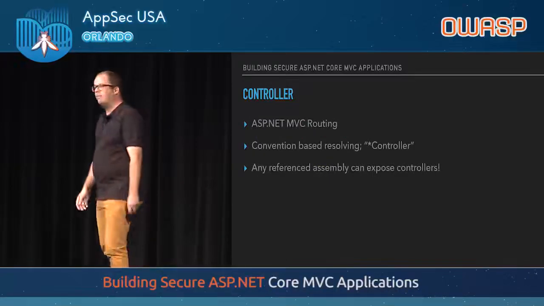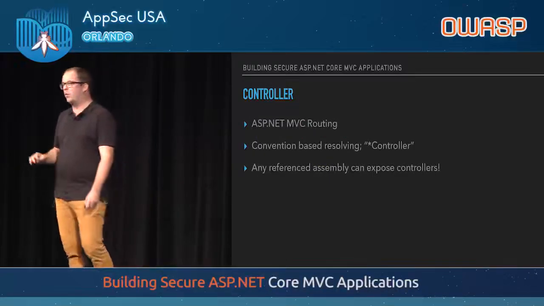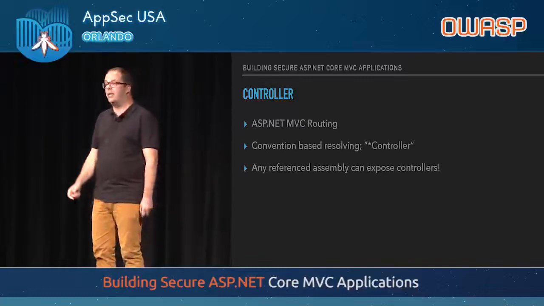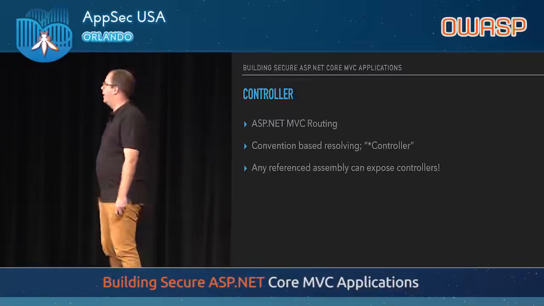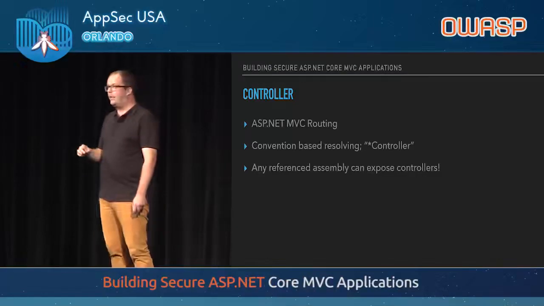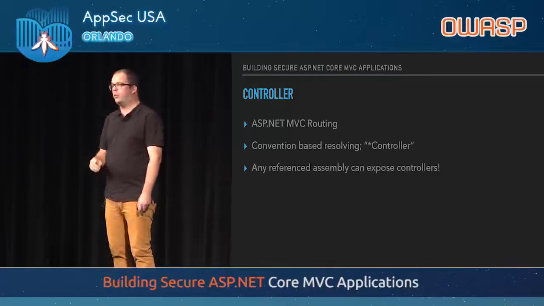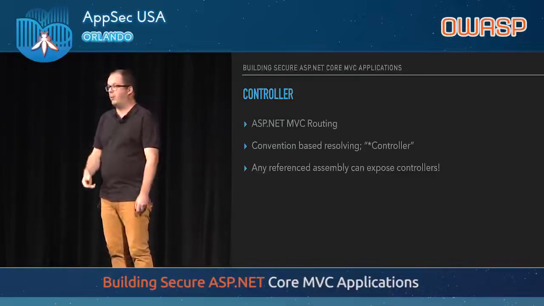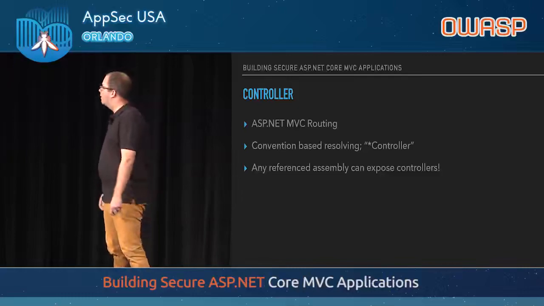I think that's already something to be aware of, that controllers are found by convention. There's no explicit inheritance needed as in MVC in order to get it exposed. And any assembly that is used inside your app can expose controllers. So if there is a class that ends with the name Controller inside of it, it will be exposed because of the convention-based behavior.